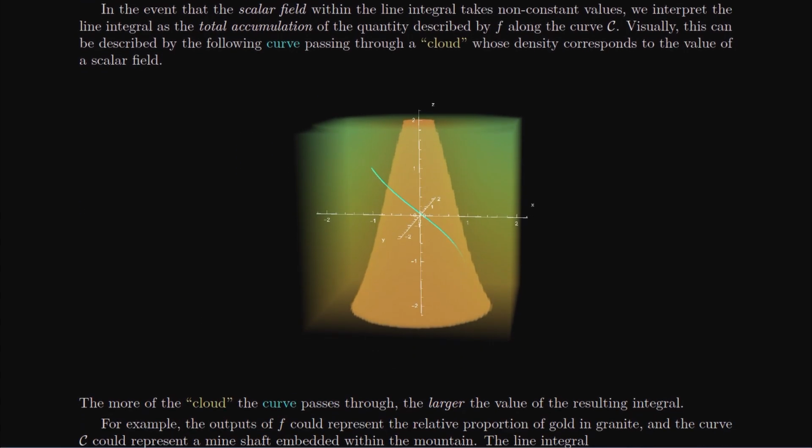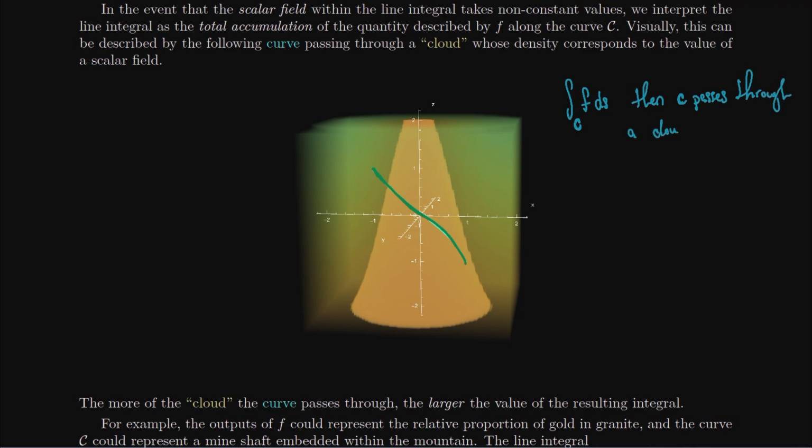If my scalar field isn't constantly 1, then what we're thinking about is we have this curve that's embedded in space. So maybe there's my curve embedded in space, and the curve is passing through a cloud. If I write this version, integral over curve C of f ds, then C, this curve, passes through a cloud of local density f.